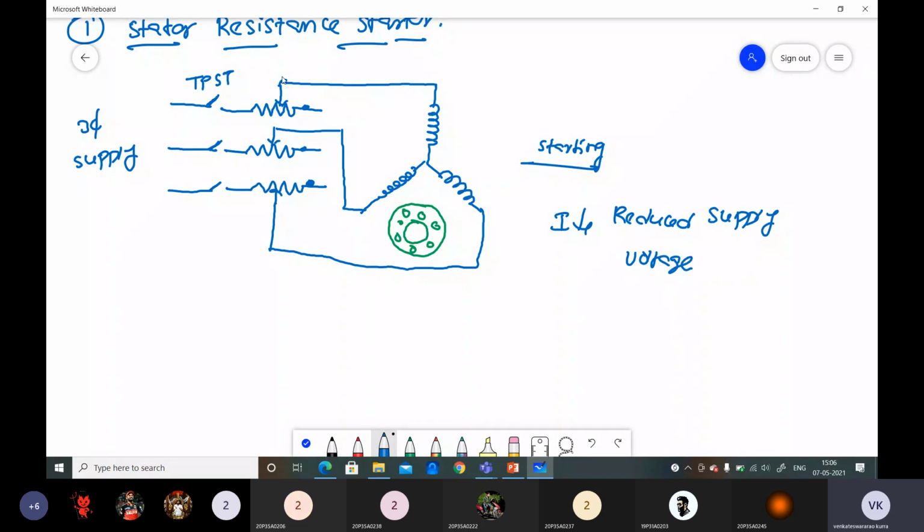Next, under running condition, this rheostat is moved to this position. If the variable point is moved to this position, then the resistance is completely disconnected. At starting condition, the variable point is at the starting position, and this is the running condition.